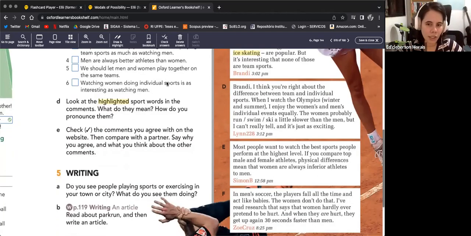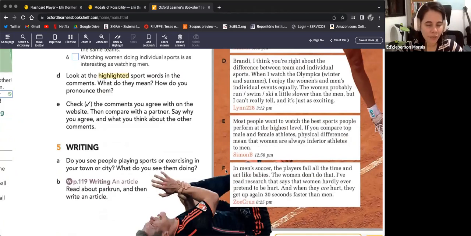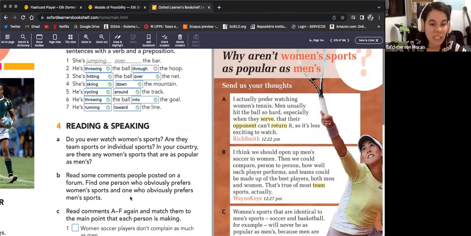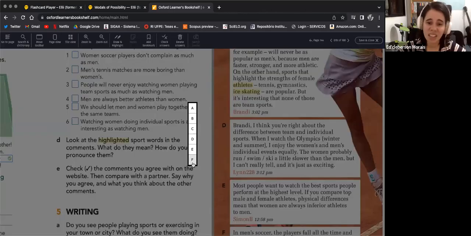So do you agree that it is about F? It is about Zoe, because she's talking about pretending to be hurt. When you pretend something, you are kind of making a complaint about being hurt. I think it's letter F.